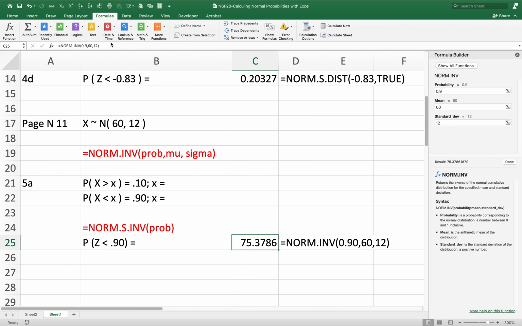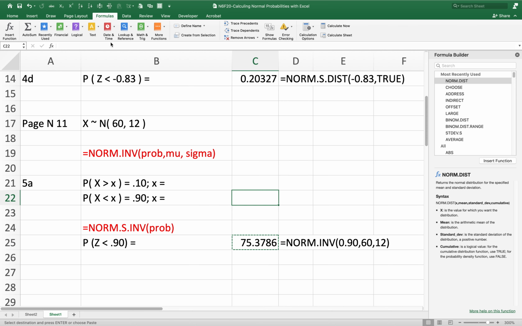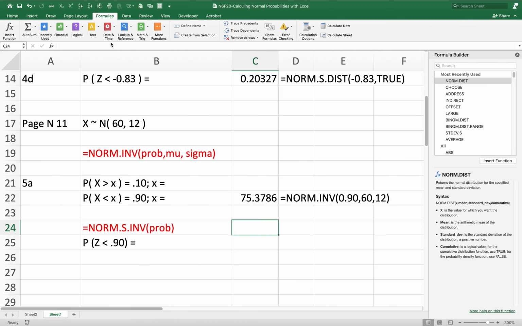And actually, I'm in the wrong spot there. Let me pull that up. It should be right there. Because I do want to show you the NORM.S.INV just as an aside here. This is if we were asking, what would be the Z value associated with 90% down.